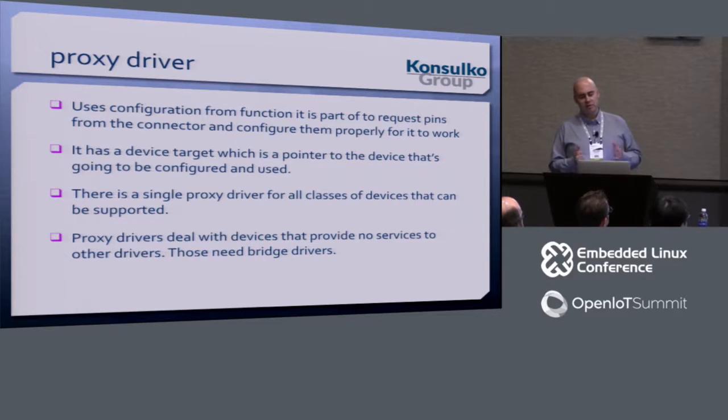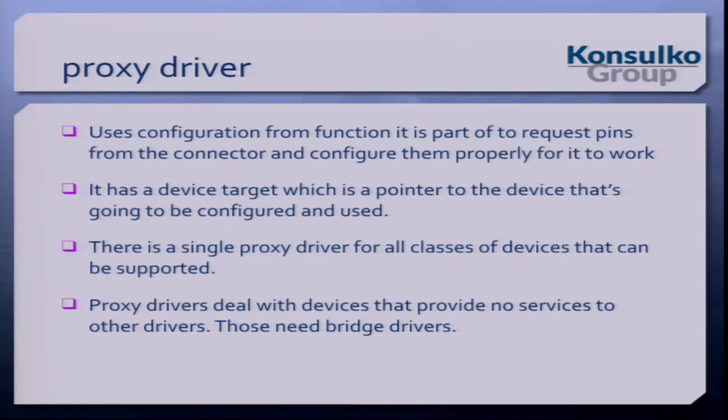So the proxy driver uses configuration from the function part of the device tree, and you can request pins set to a specific configuration, and you configure them for everything to work automatically. There's a device target, which is the device template of what's going to be used when you instantiate that driver.